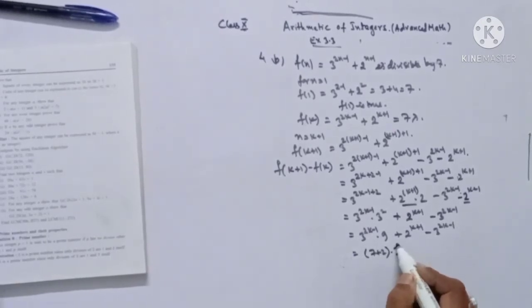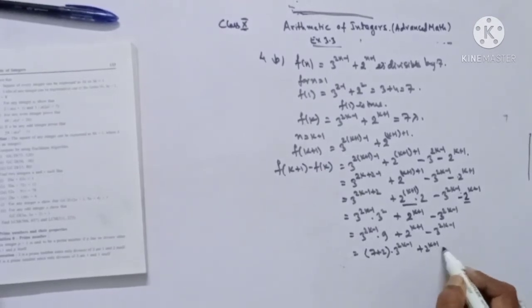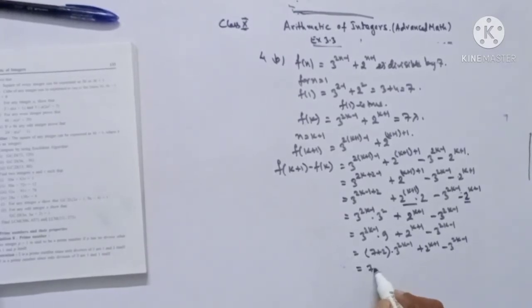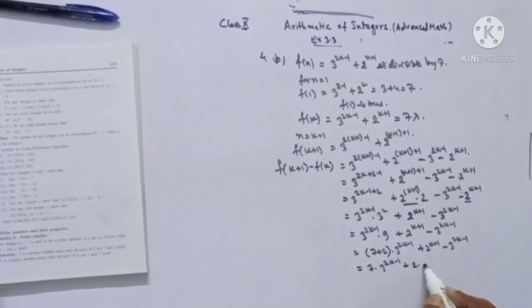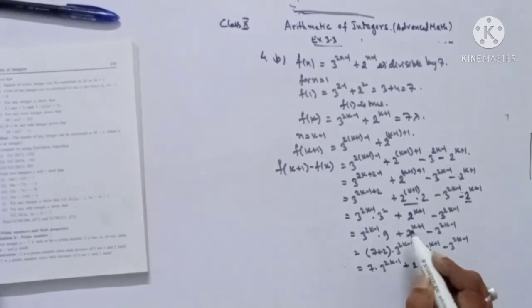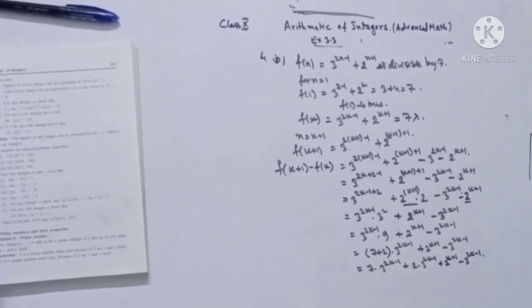So this I can write as 7 into 3 to the power of 2k minus 1 plus 2 into 3 to the power of 2k minus 1, plus 2 to the power of k plus 1 and minus 3 to the power of 2k minus 1.